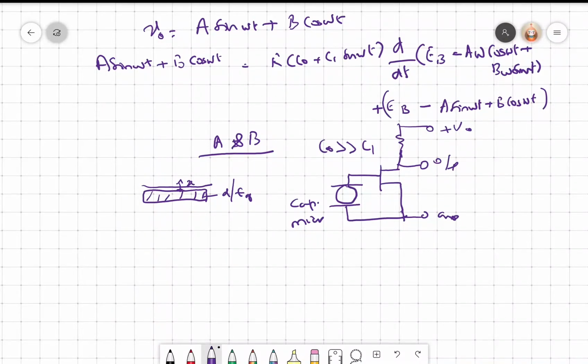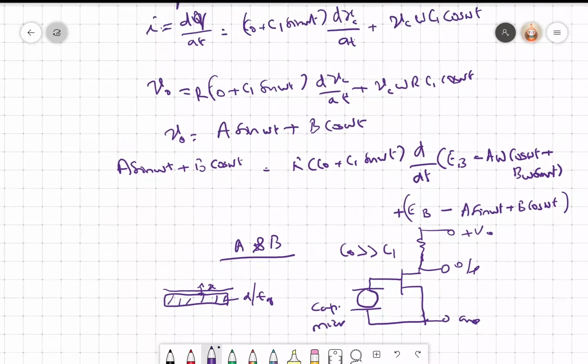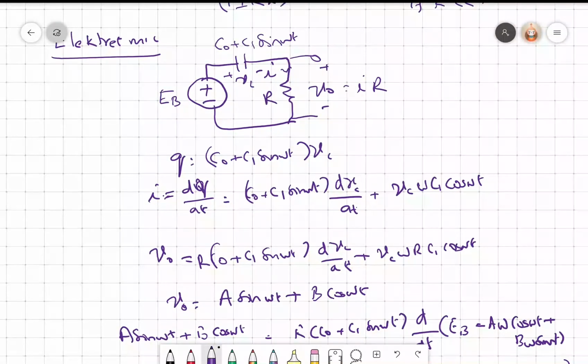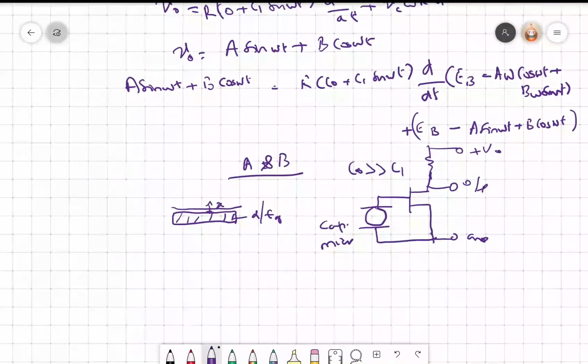You can Google search condenser microphone circuits. You can easily see that. The reason that we use a FET is here, if you make the resistance large enough, then the capacitance impedance will be small compared to the resistance, and the nonlinearity introduced by the capacitance would be very small. So that is also one reason why the resistance is made large.